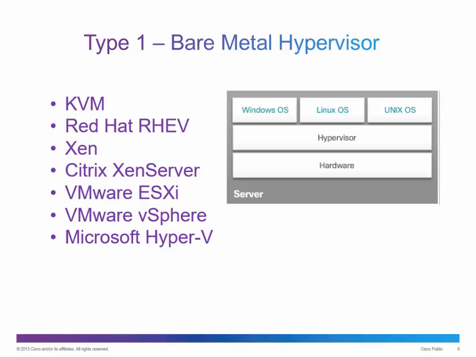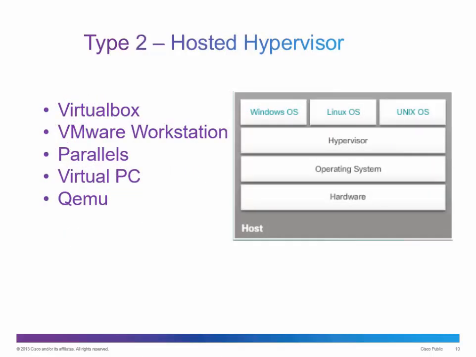There are different types of Type 1 hypervisors: KVM, Red Hat Enterprise Virtualization, Xen, Citrix Xen Server, VMware ESXi, VMware vSphere, and Microsoft Hyper-V. A Type 2 hypervisor is known as a hosted hypervisor.